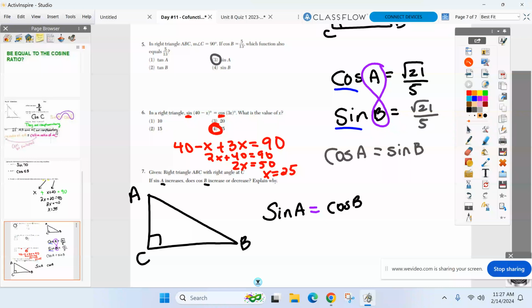But you told me at the beginning they should be equal. So you better match it. So it's increasing. This is an old Regents question too. Increasing, explain why? Because sine A equals cosine B. So if you increase sine A and they're equal, you got to increase cosine B so they're still equal.